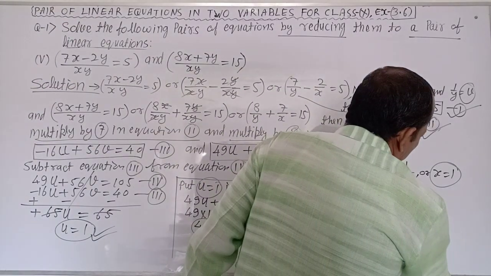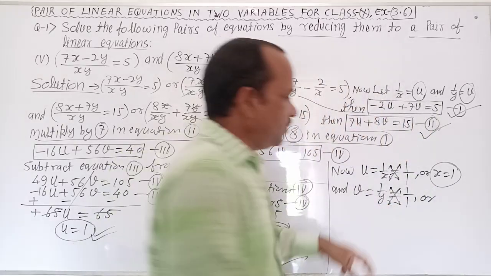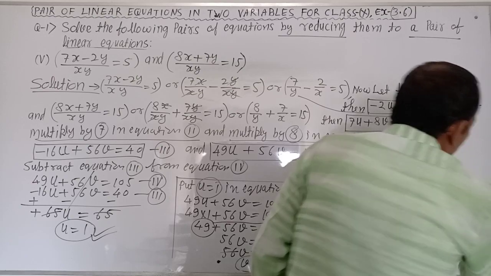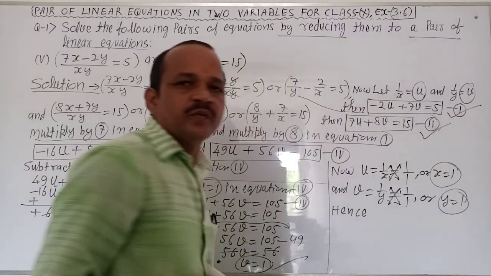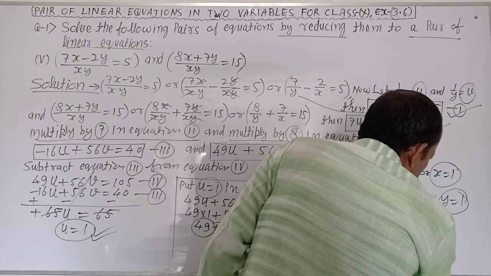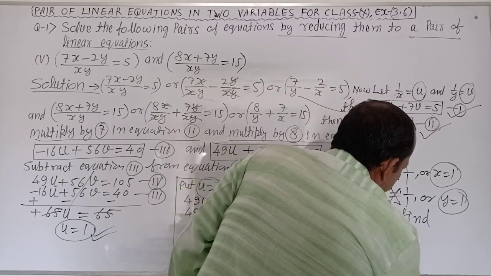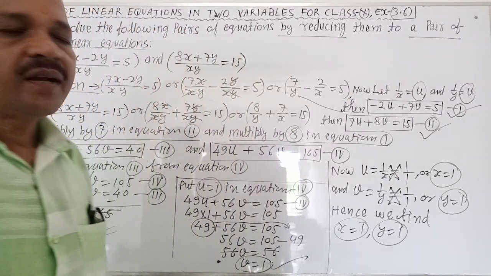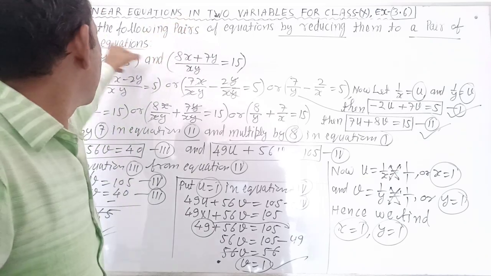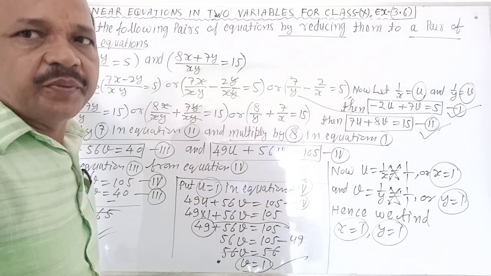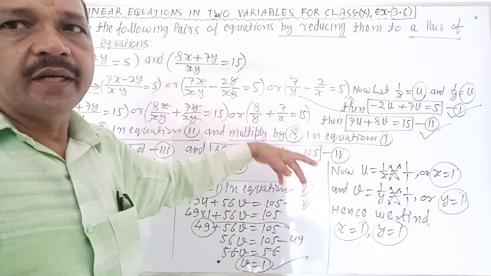You can write 1 by y equal to 1 by 1 and cross multiply. It becomes y equal to 1. Hence we find x equal to 1, y equal to 1. We solved question 5, equation first part fifth, and we find x equal to 1, y equal to 1 by reducing the system.